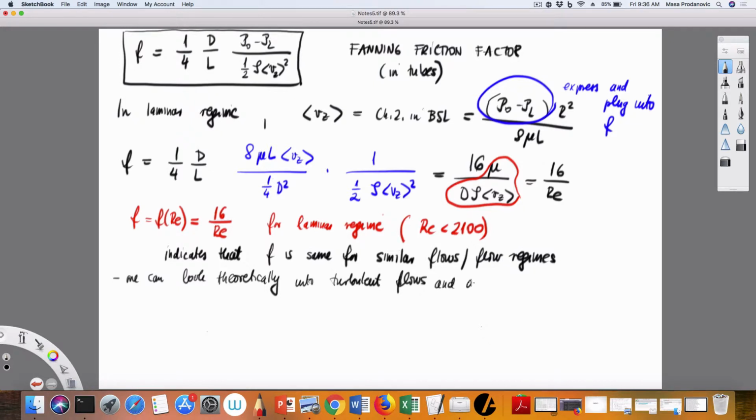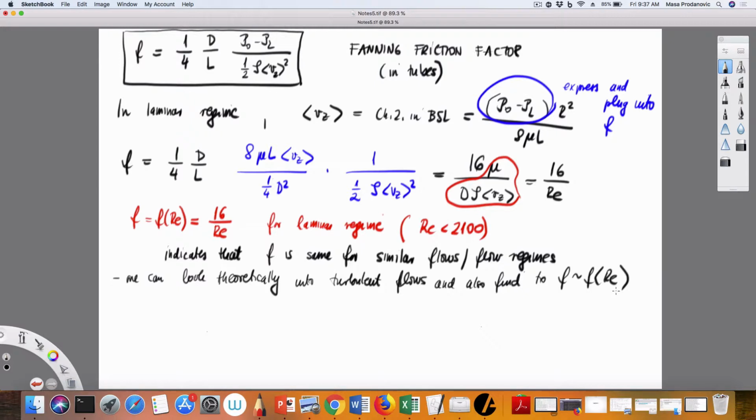And also find that, to a pretty good extent, friction factor is a function of Reynolds number for turbulent flows too. We didn't do that because we never actually went into deriving relationships for turbulent flow.